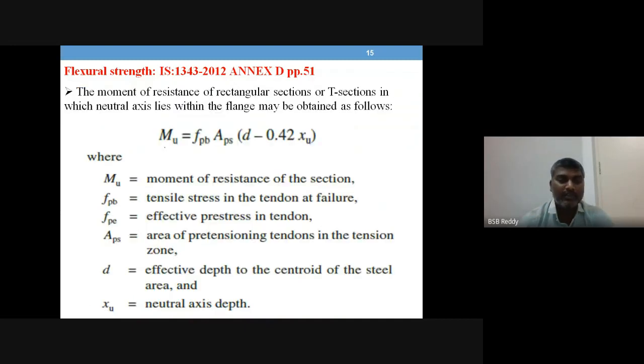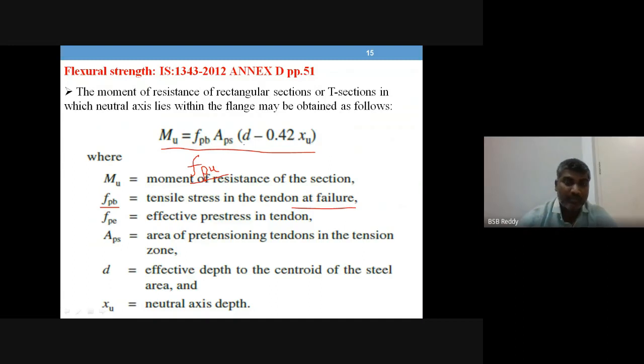Now this formula is taken from the code, so the notations will be a little different. The textbook uses fpu, whereas the code uses fpb, f suffix pb, which is the tensile stress in tendon at failure.